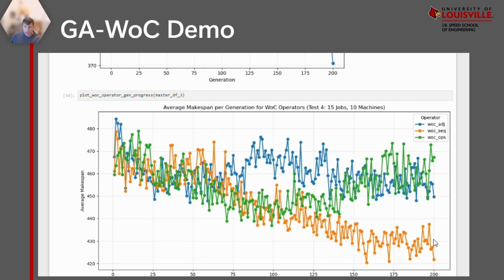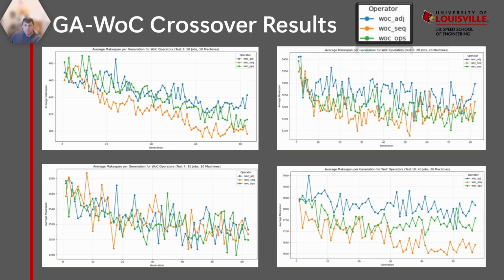What we actually showed was that the operation that kept good individual machine schedules performed a lot better. As I said, the orange represents the machine schedules that transferred over, and that was consistently the best operator.